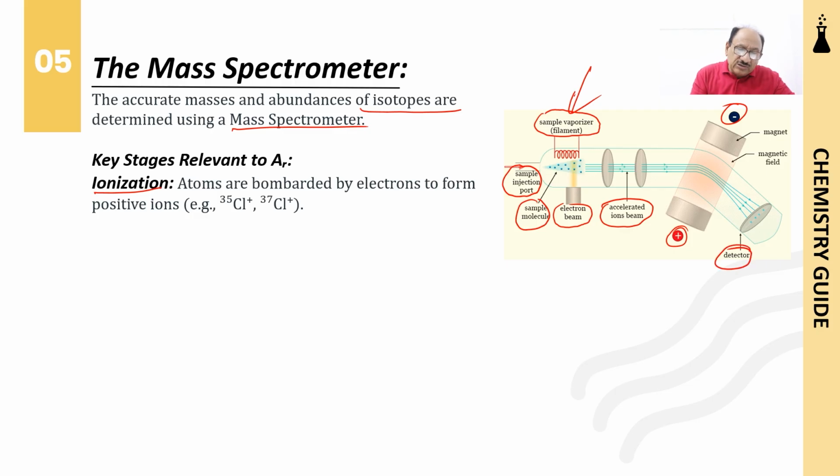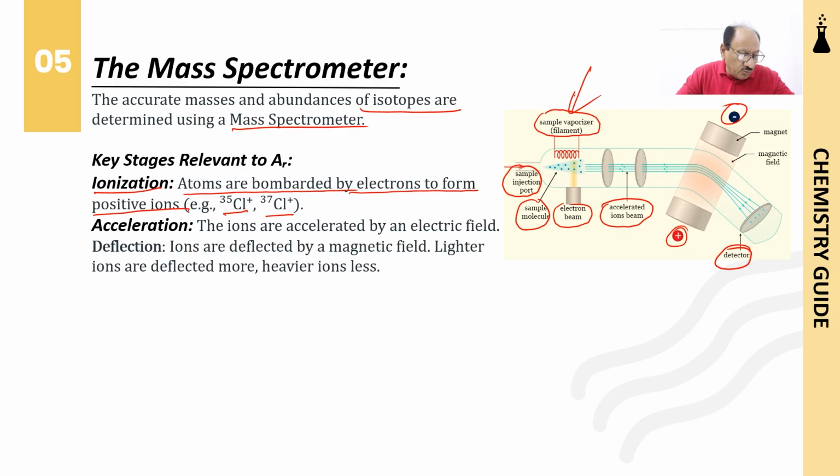So what are the key stages? First is ionization: atoms are bombarded by electrons to form positive ions, so 35+ and 37+, for example, if we take chlorine. The second step is acceleration: the ions are accelerated by an electric field. Then deflection: ions are deflected by a magnetic field.